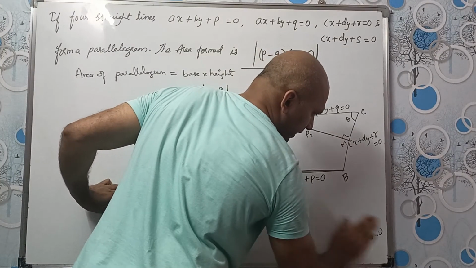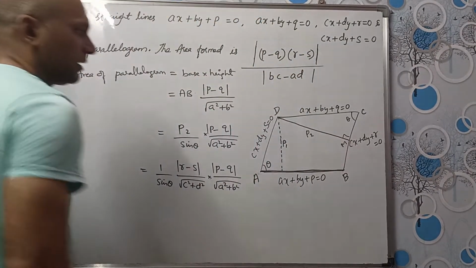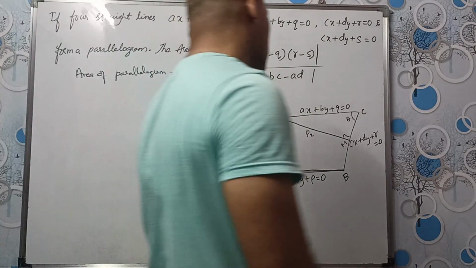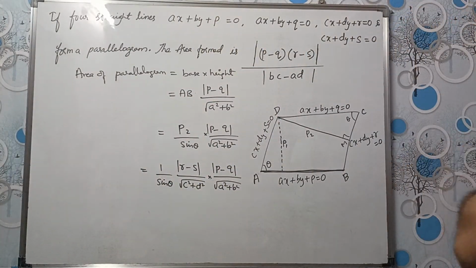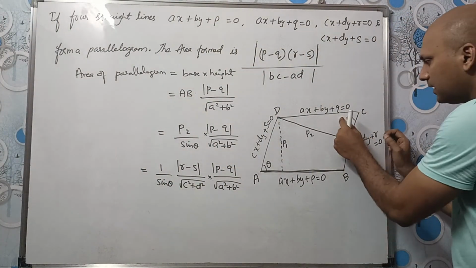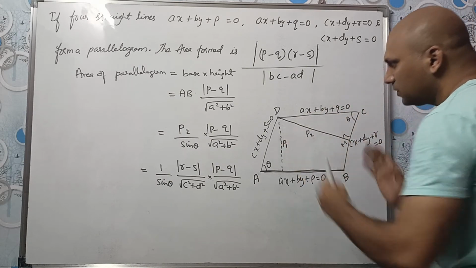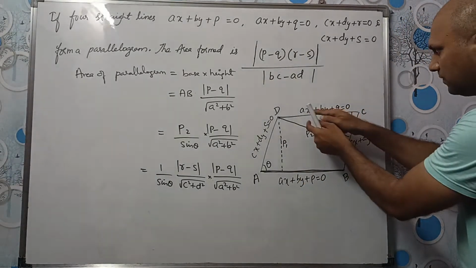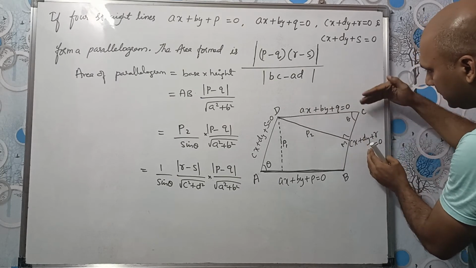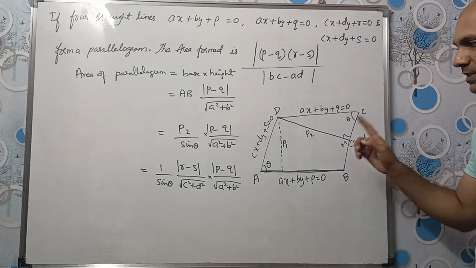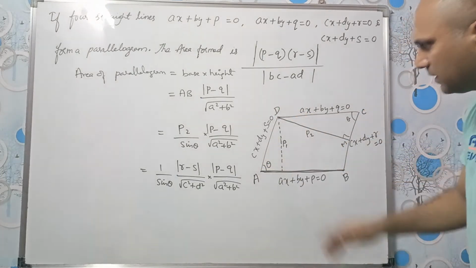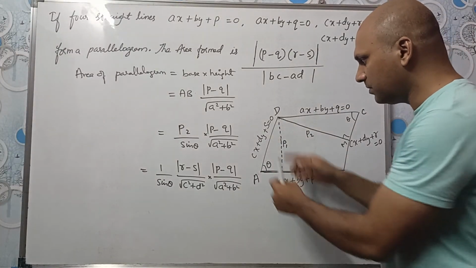Now, how should we find the value of sine? See, theta is the angle between the two straight lines, isn't it? If you consider only these two straight lines, DC and CB, theta is the angle. Let us take this one, it will be easier.